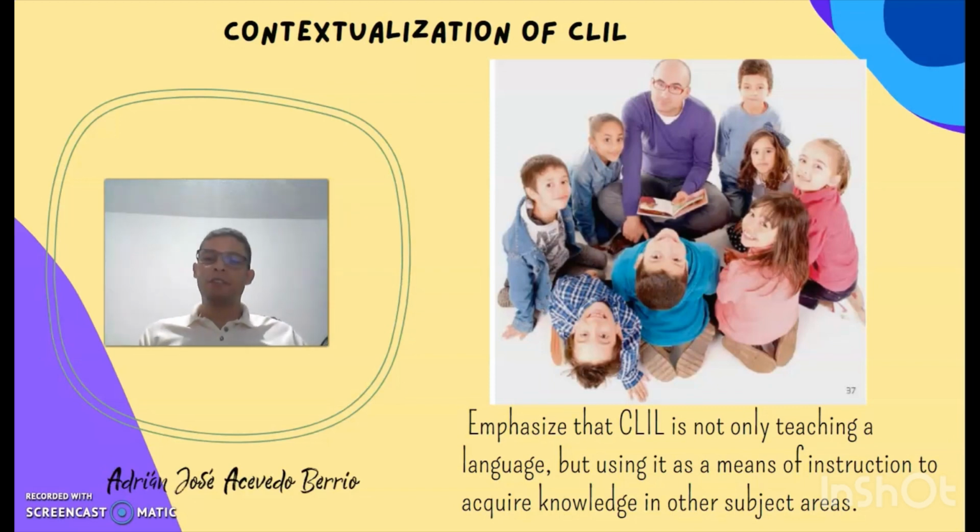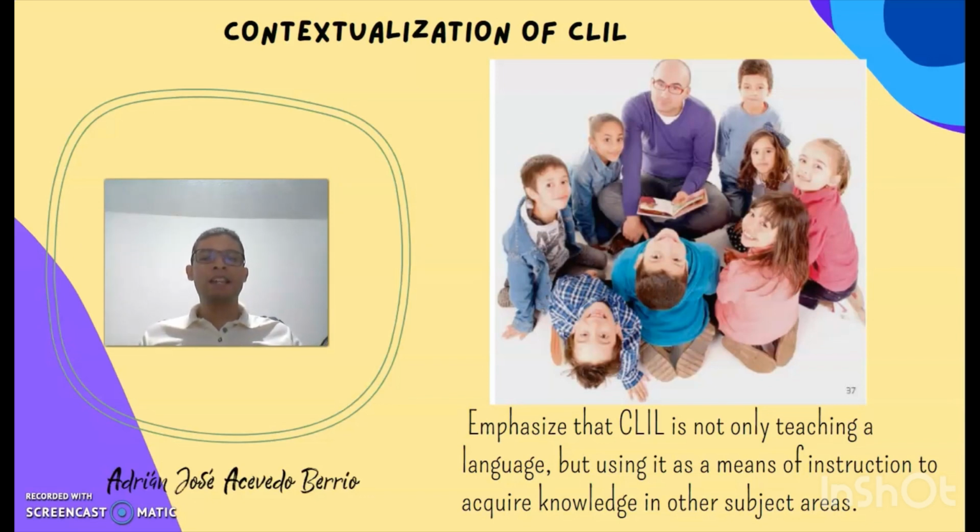And today I'm going to talk about the contextualization of CLIL. So, as we have been learning, CLIL is about communicating and sharing new elements about different subjects, different from English as a foreign language itself.